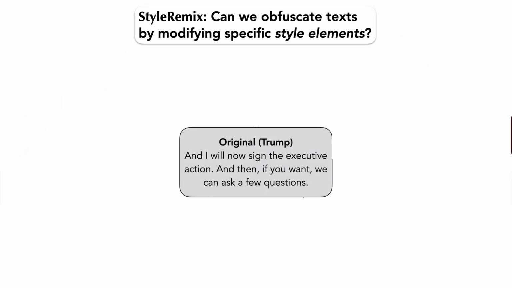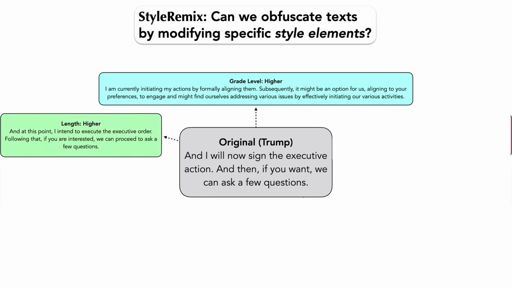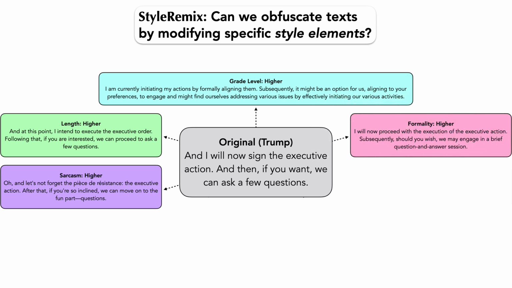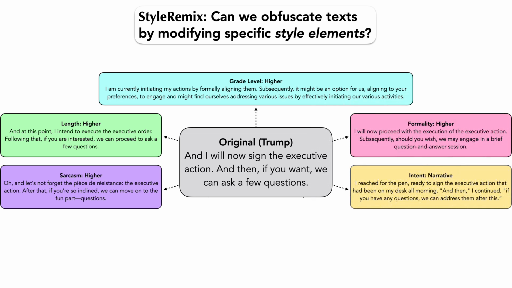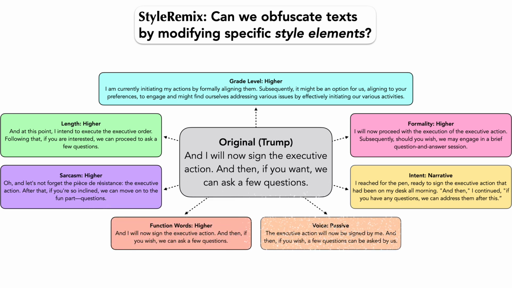More specifically, we define the following style elements. So in the center of the screen, we have a presidential speech. What are some different style elements that we could manipulate to get a different text? One that we identify is increasing the grade level. Another one is making it longer, or increasing the sarcasm, or making it more formal, or changing the intent to be more of a narrative, increasing the function words, or changing the voice from active to passive.